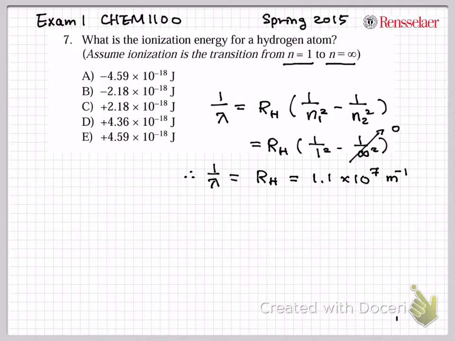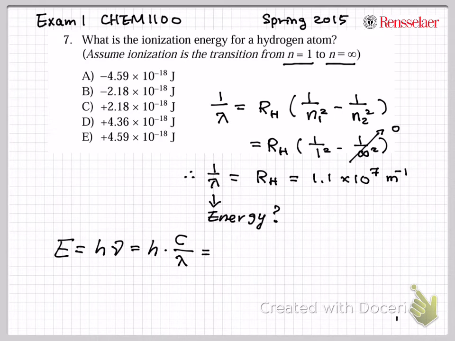So that's the inverse of the wavelength, but I need to convert that into energy. And how should I do that? The energy of a photon is related to the wavelength of the light, and I always start from E equal h nu. Nu is the frequency of the light, which is the speed of light c divided by the wavelength.